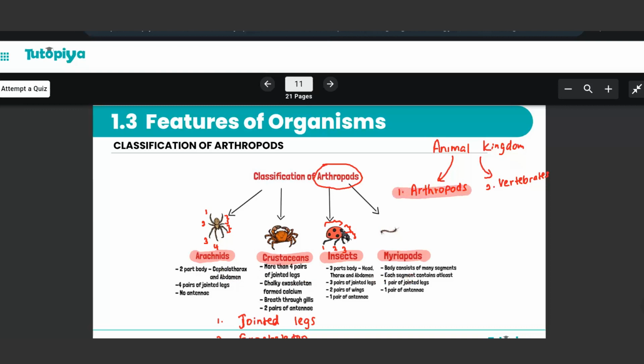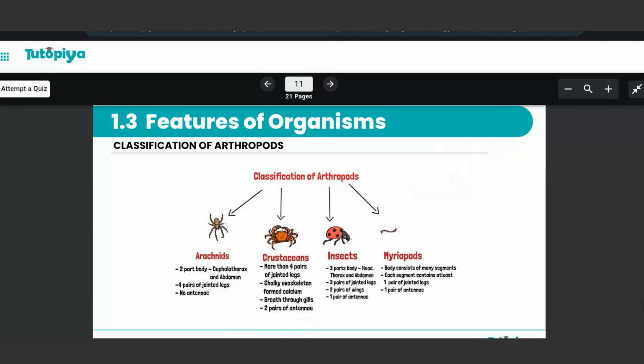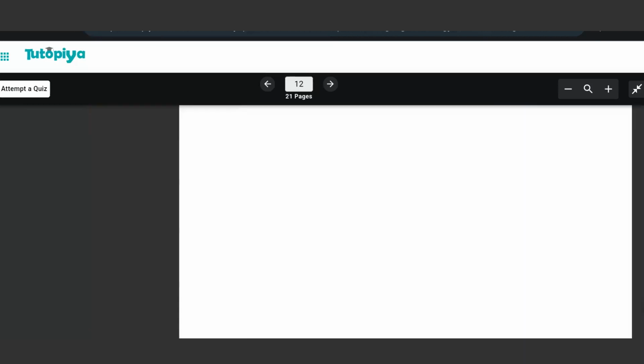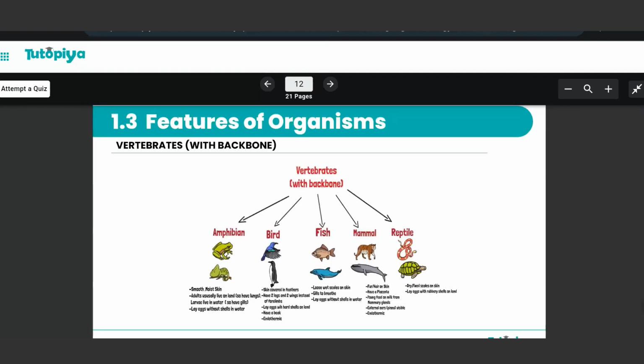And now that we've completed this group, let's move on to the next group within the animal kingdom, who are the vertebrates. So let's quickly move on to the next slide where we're going to learn about the vertebrates. Now, the vertebrates are basically a group of animals who have backbones. So an animal with a backbone is called a vertebrate.